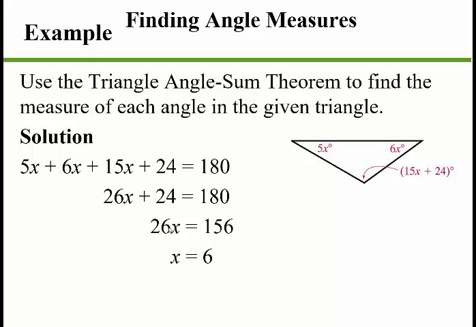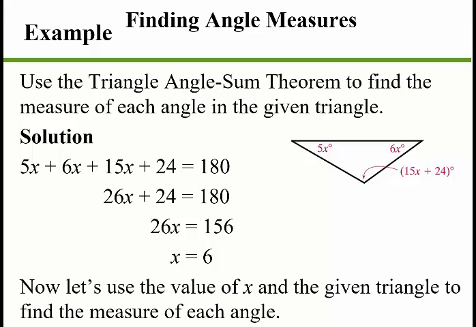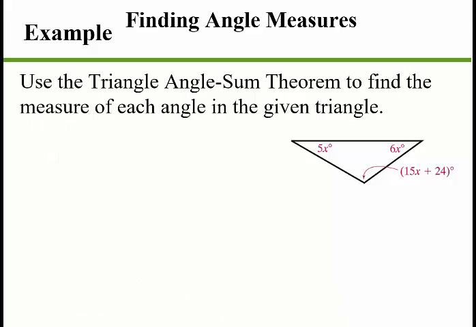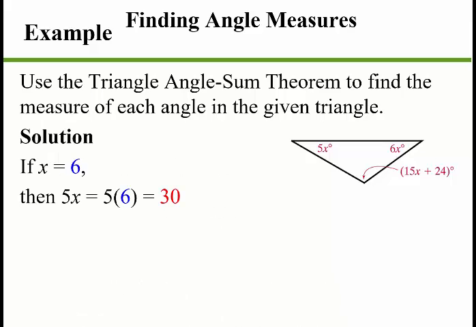Now that's not the final step here because it says find the measure of each angle. So what you have to do once you know x is equal to 6 is use that value of x in the triangle to find the measures of each angle. So if x is equal to 6, for the 5x, I'm going to plug 6 in for x. This is 30 degrees.